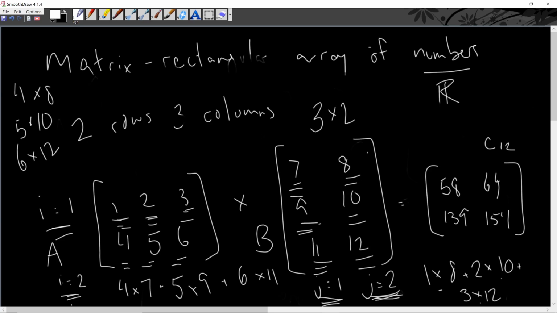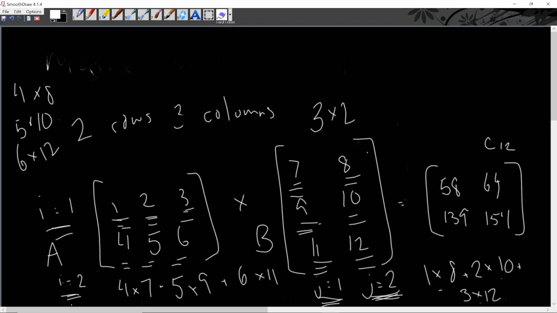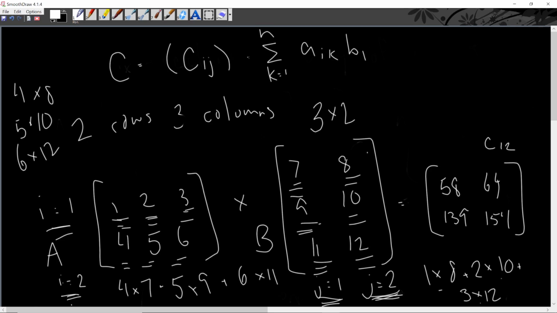So, yeah, let's go back to what we defined. Our original thing was this is the sum. I'll erase. A matrix is a rectangular array of numbers. I'm hoping that by this point we can kind of intuitively know that. We have Cij, so every element in C will be of the order Cij. This is equal to the sum, k equals 1 to n of a_ik and b_kj.